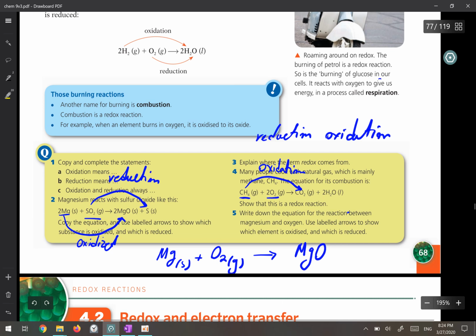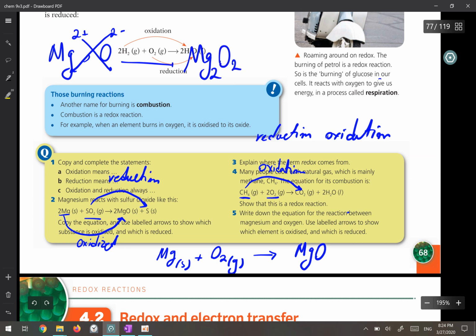So how do I know the formula is like this? I know that the magnesium ion is Mg2+ and oxide ion is O2-. So this 2 comes here, 2 goes here, it becomes Mg2O2, but we have to write the ionic compound in the simplest ratio, so it becomes MgO. So this is the equation.